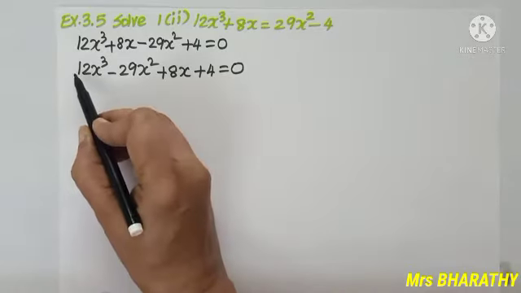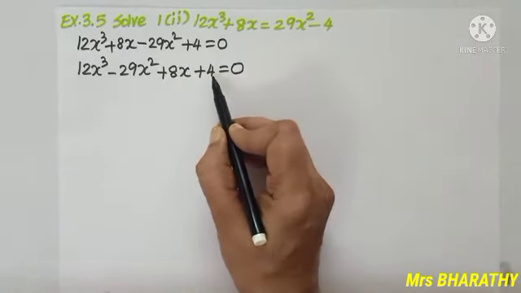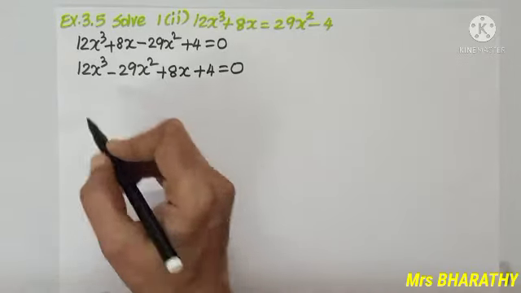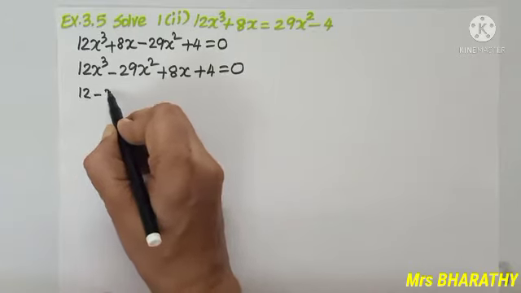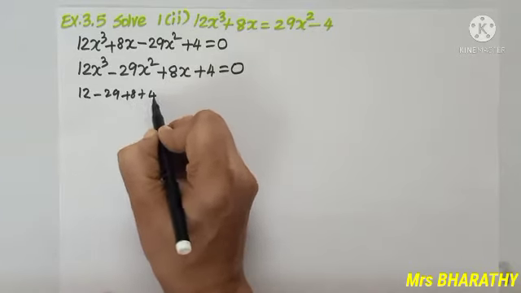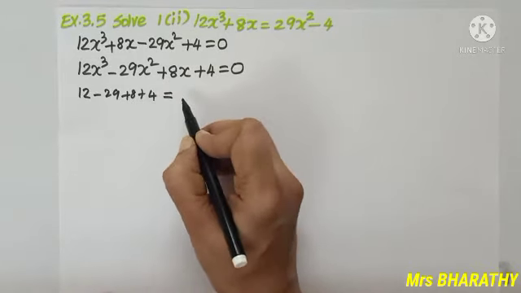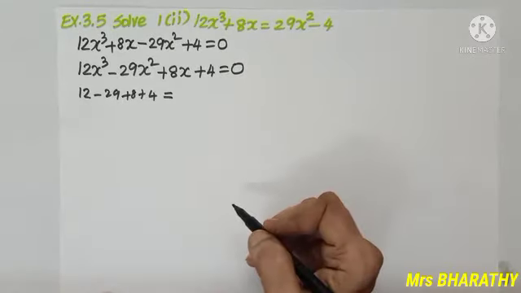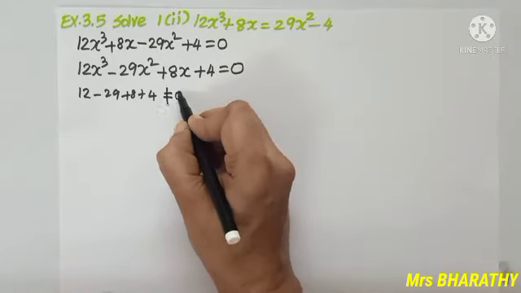If I add all the coefficients, 12 minus 29 plus 8 plus 4, if my answer is 0, I will say 1 is a root of it, but it is not equal to 0.